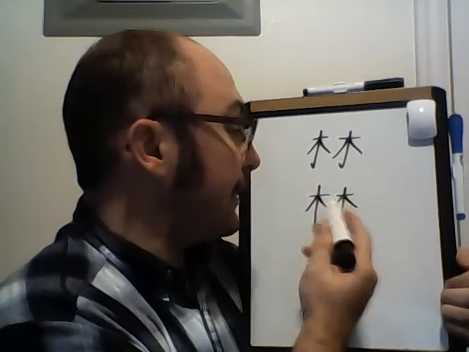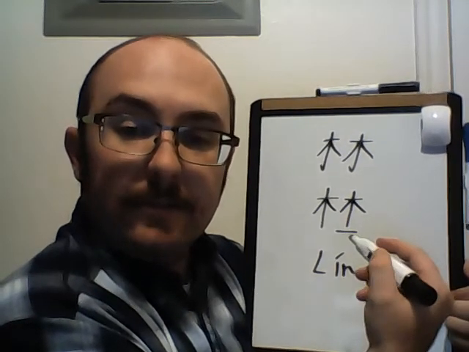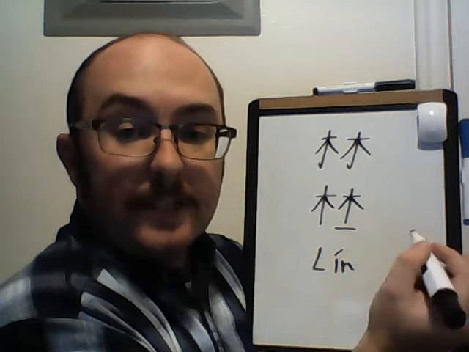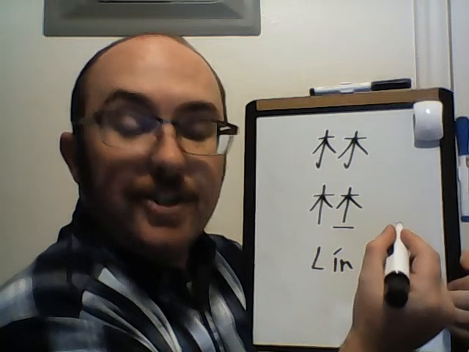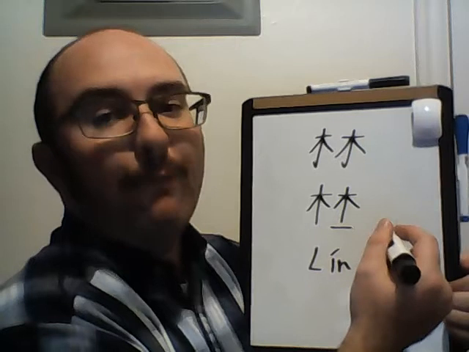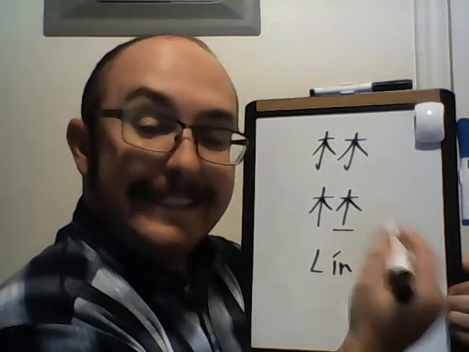They're describing that character. A famous person with the last name of Lin, in the United States at least, and in Taiwan, is Jeremy Lin. His Chinese name is Lin Shuhao. So Lin.